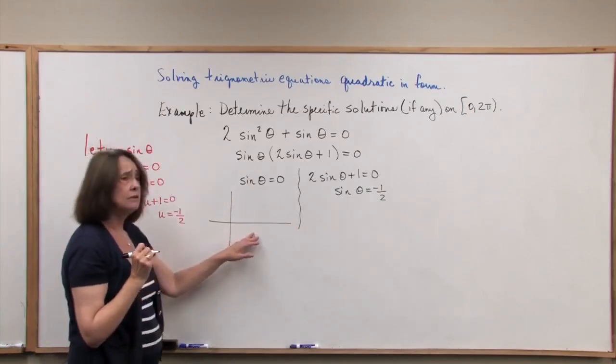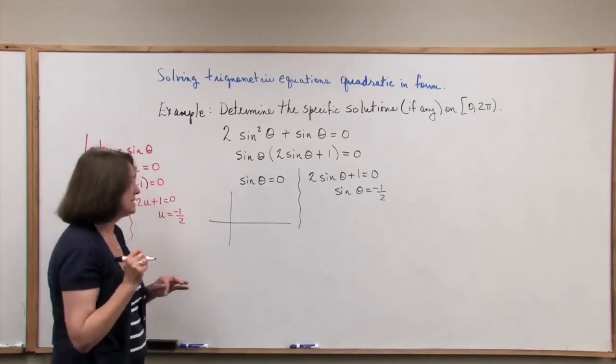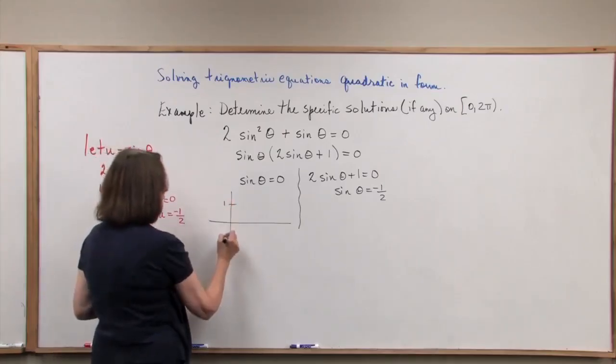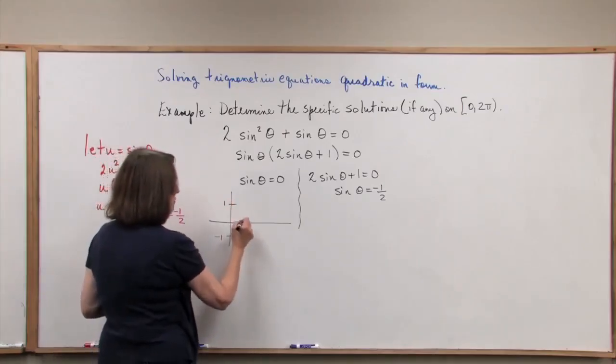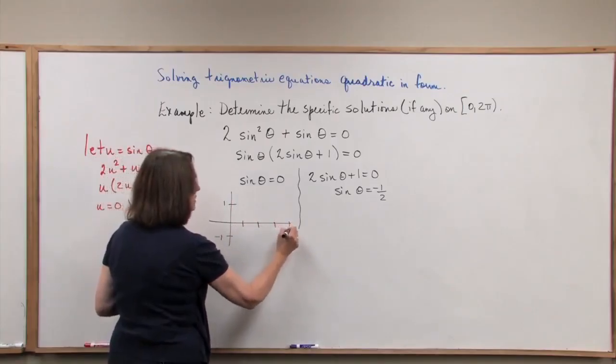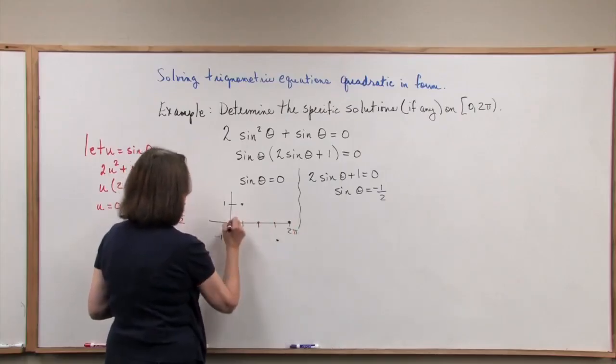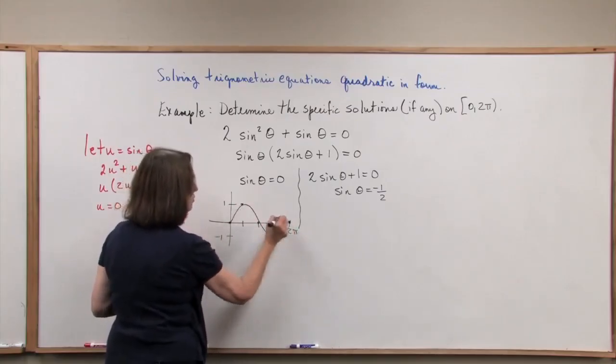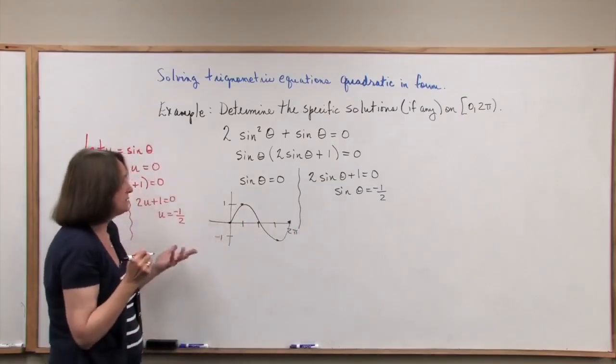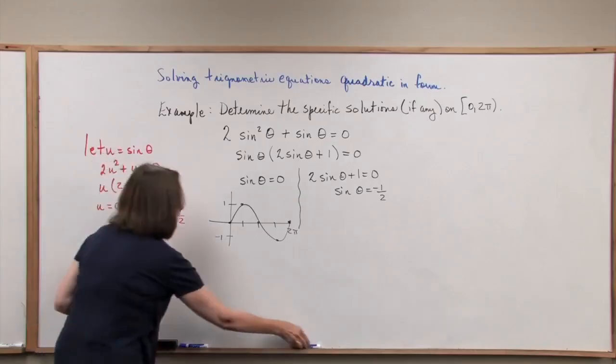So what I need to look at is the graph of my sine function. Let's graph from 0 to 2 pi. Just a quick sketch, and then we will look and see where is the sine function 0.